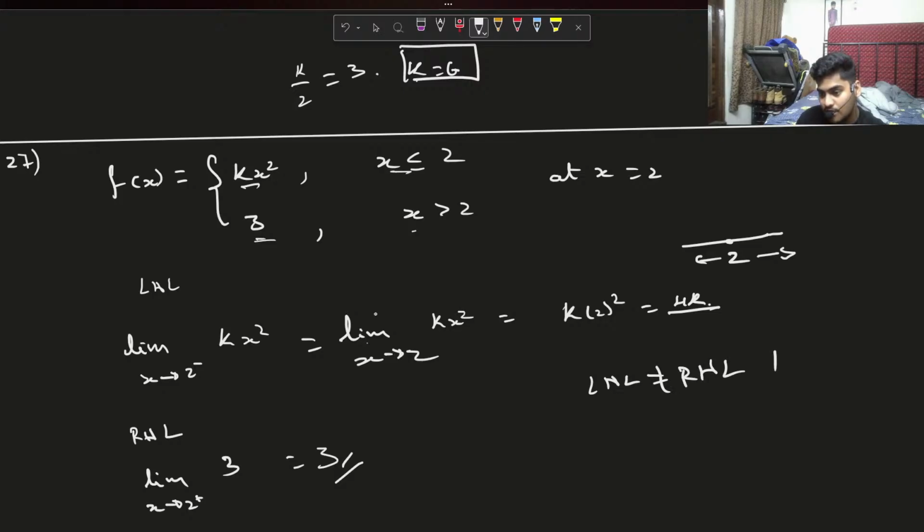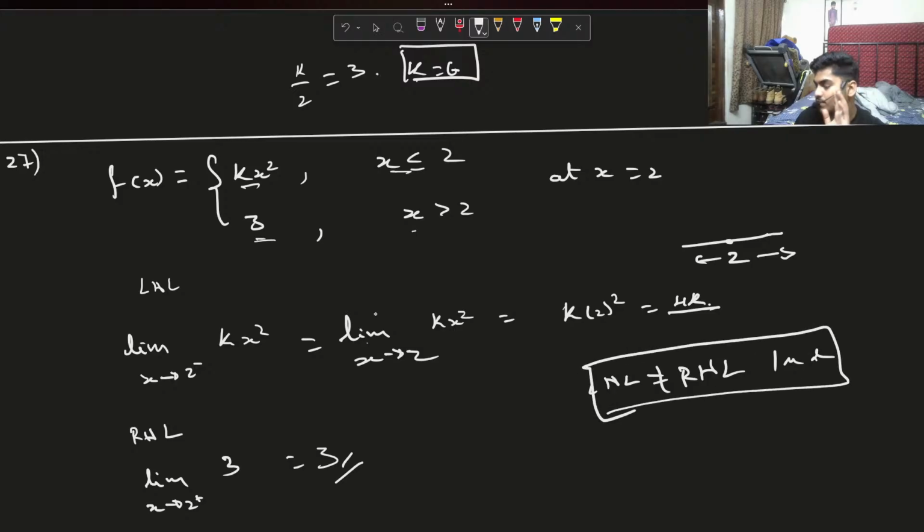Here you'll get 1 mark deducted. Please note and remember this, don't write this, because in the question they have given LHL is equal to RHL, so then only you will be able to find the k value.